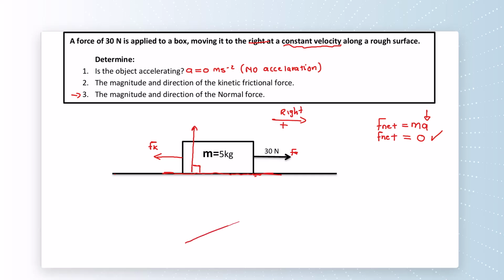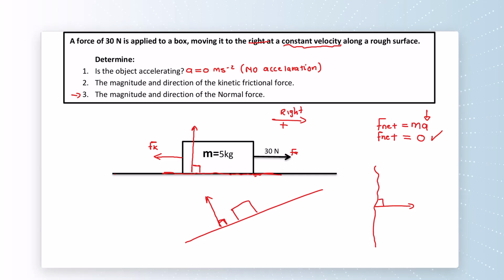If our surface was like that and the object was sitting like that, the normal force was going to be acting this way. It's always perpendicular to the surface. All right, there it is. Always 90 degrees to the surface. If your surface was vertical, it means your normal force was going to be like that, perpendicular to the surface.